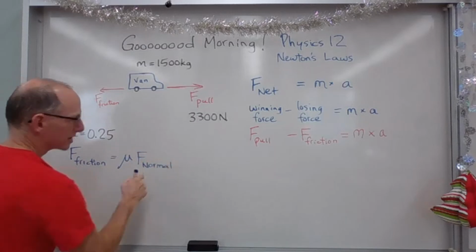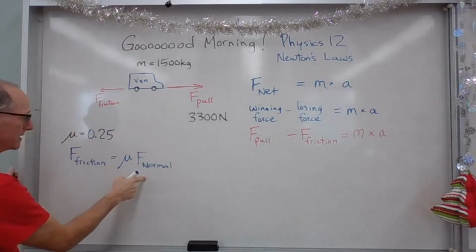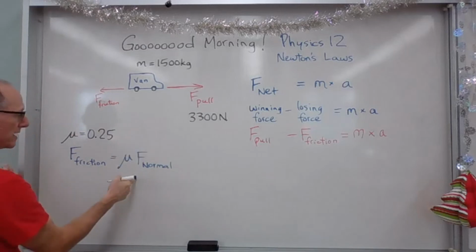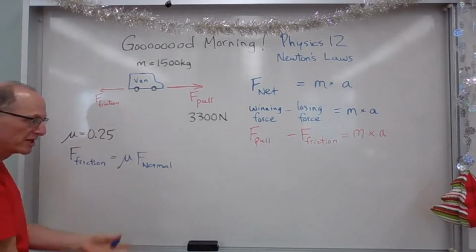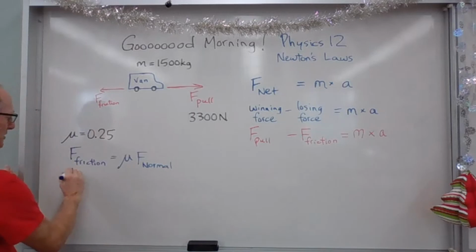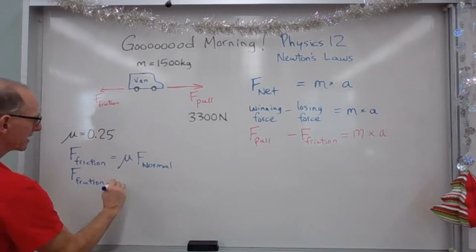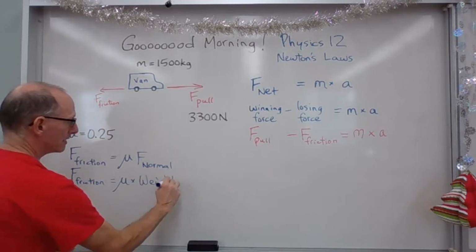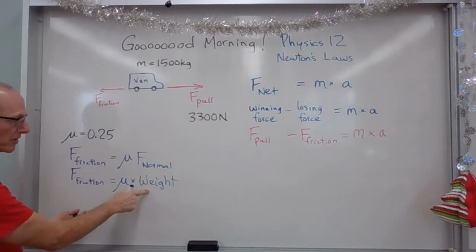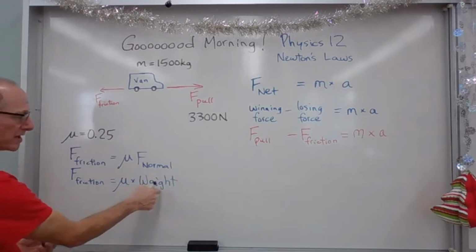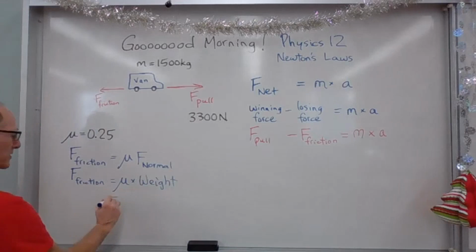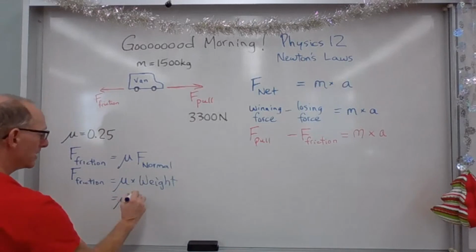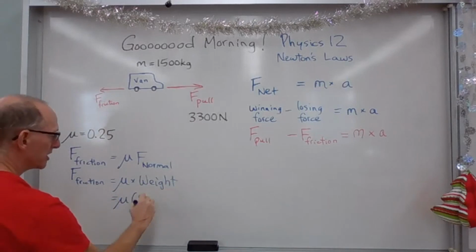And usually the normal force is just the weight of whatever object it is, unless it's getting pushed down or lifted up. So force of friction, in this case, is just mu times the weight. And weight is the gravitational force. It's F grav, just m times g. So it's just mu times m times g.